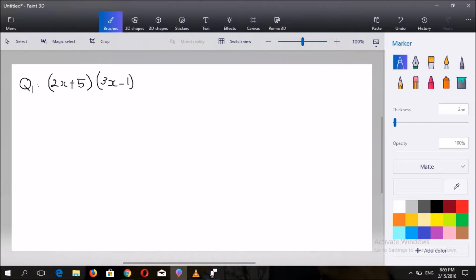You are asked to evaluate the result of the multiplication of these two fractions, of these two mathematical expressions. How can you do this?